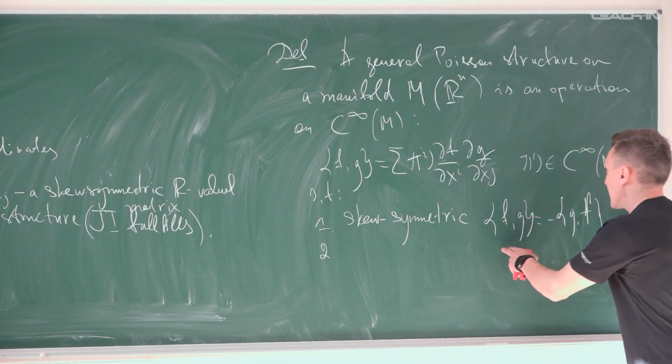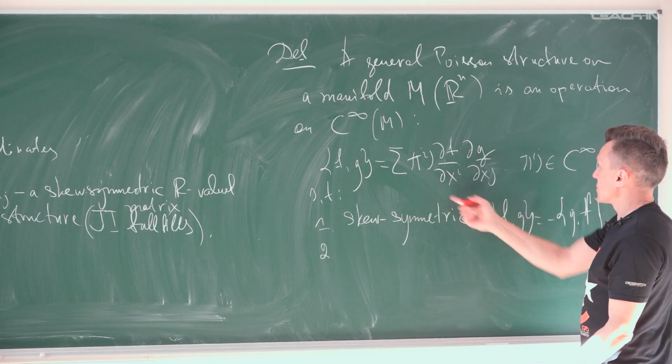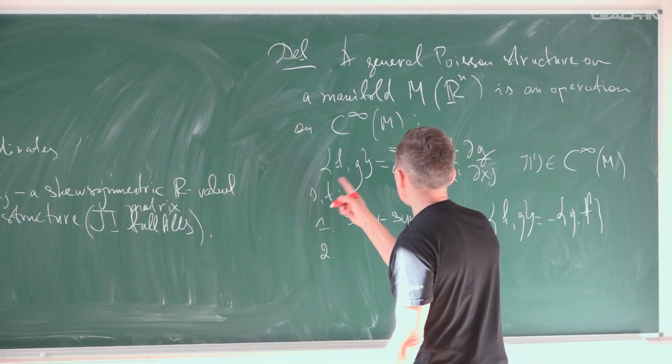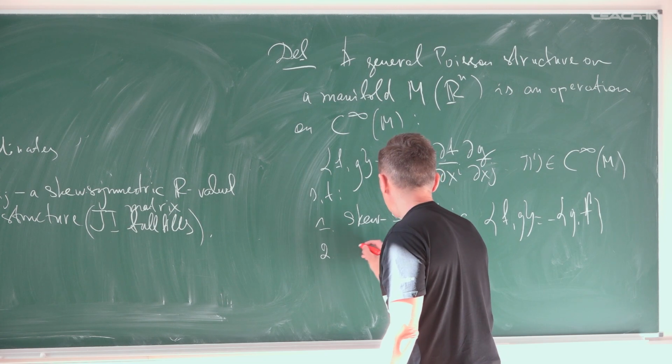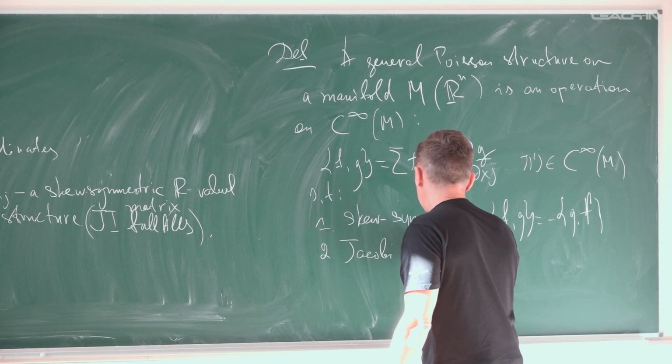So it is skew-symmetric. The Leibniz rule is just a consequence of this form, and we ask to satisfy the Jacobi identity.